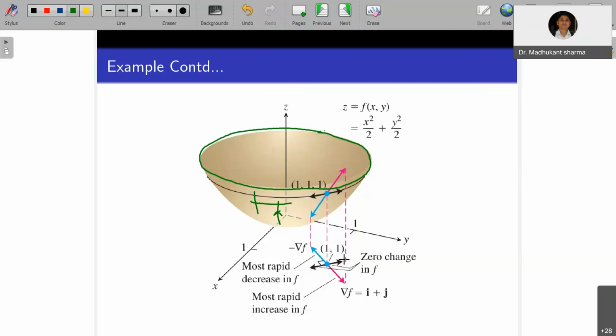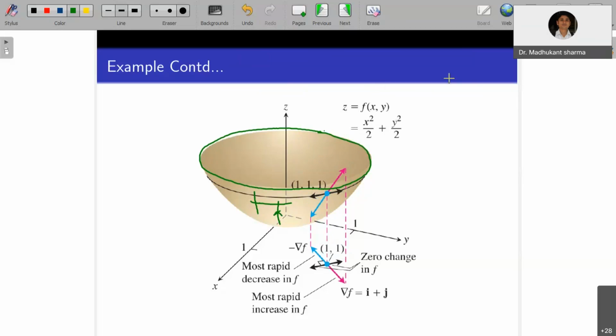So this is one real life example of directional derivative, where you will see the maximal change in the direction of grad f, which you can identify when you know the equation of this circle. And you will not see any change if you take any direction which is orthogonal to grad f.